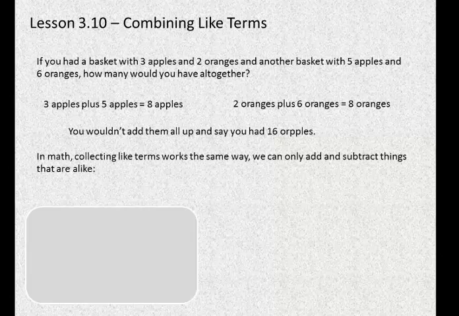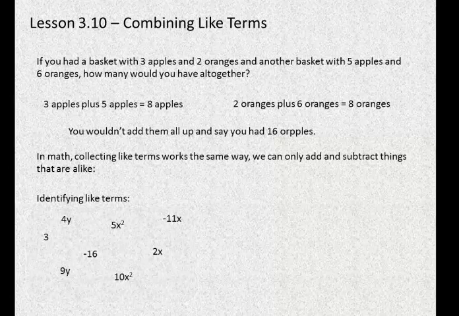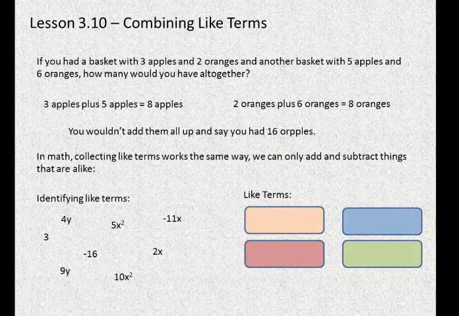In math, collecting like terms works the same way. We can only add and subtract things that are alike. So in order to identify like terms, we have 4y. Now the term that matches 4y is another term that has a y, 9y.